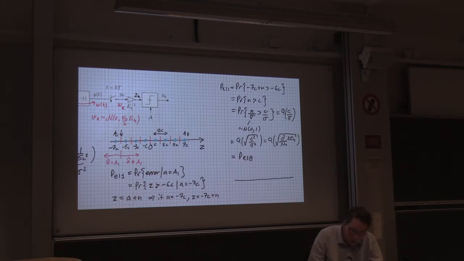So we take one of these midpoints and we put it in the middle, and then we draw out the decision boundaries like this. Okay, so this is one of the midpoints. So the distance to the decision boundary here is still equal to C in both directions.